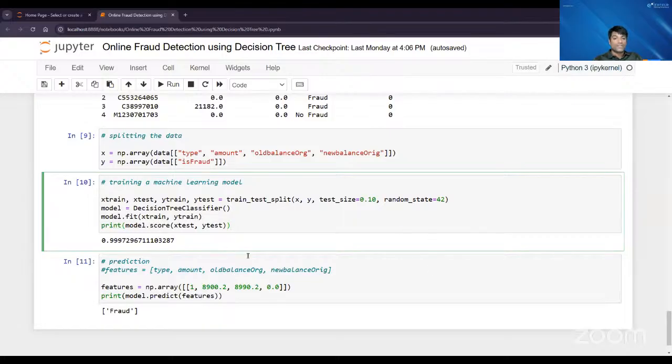Now here you can see, I think last time I told you how we decide. Random state 42 is nothing but a fixed seed number. In very simple language, this random state 42 indicates that when you use a random sample, the sample doesn't change.